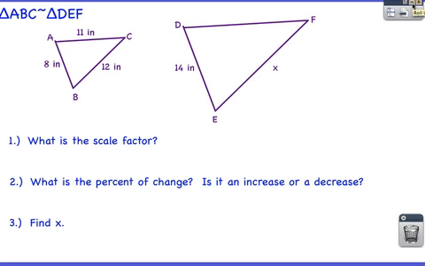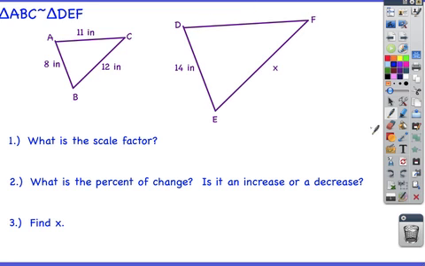Now let's look at these similar figures. Triangle ABC is similar to triangle DEF. What is the scale factor? Well, first of all, let's figure out our corresponding sides. So just to be safe, I'll look at my letters up here as well.